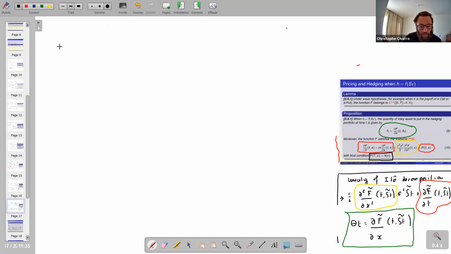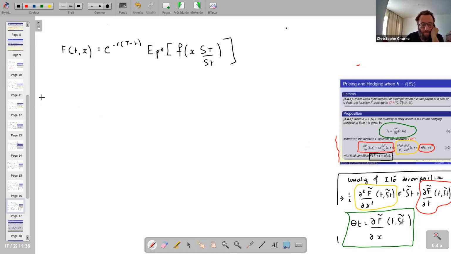I remind you that f_t of x is equal to exponential of minus r (T minus t), times the expectation under P star of f of S_T, given S_t equal to x.